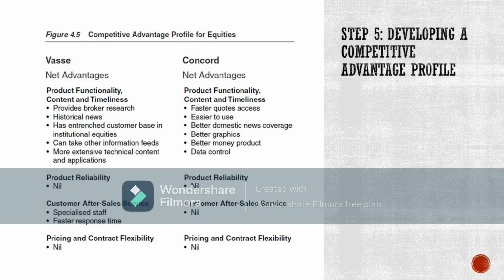Step 5. Developing a competitive advantage profile. The fifth step in analyzing strategic performance is completing what we call a competitive advantage profile for each product or service based on strategic factors.